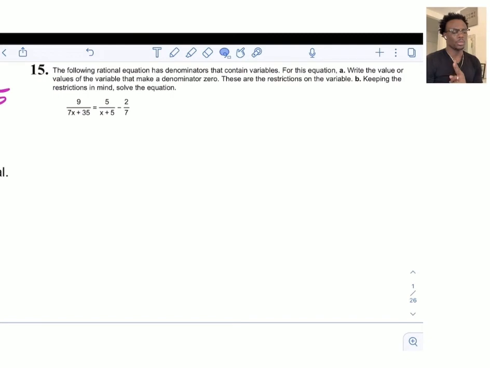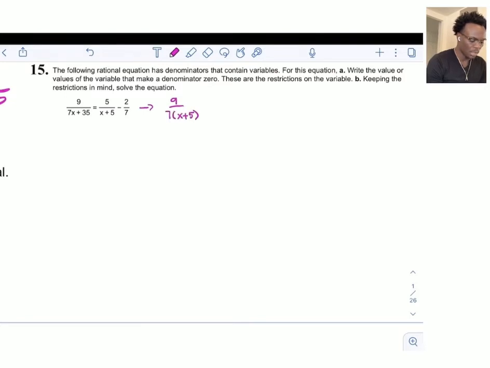So now when you have variables in denominators, the first thing you want to do is make sure that, if there is a way for you to factor either the GCF or to factor completely each denominator, you do. So my first step is going to be to see if we can factor 7 out of the first denominator. So that's going to be 9 over 7 factor x plus 5.